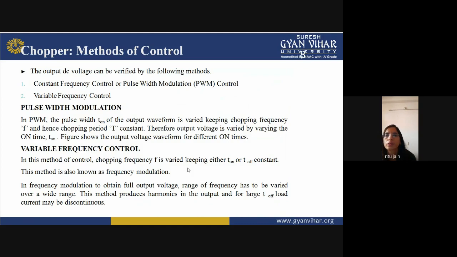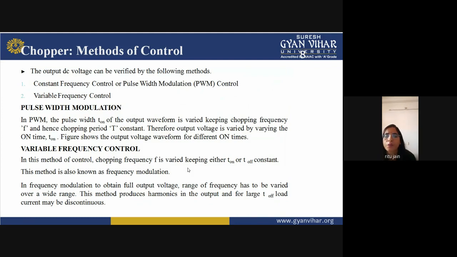One is your pulse width modulation, and another one is your variable frequency control. In pulse width modulation, we take a pulse width for a particular time for which your switch will remain on, and it will remain off for another particular time. So this is your pulse width modulation.